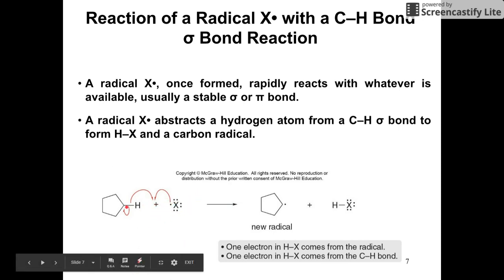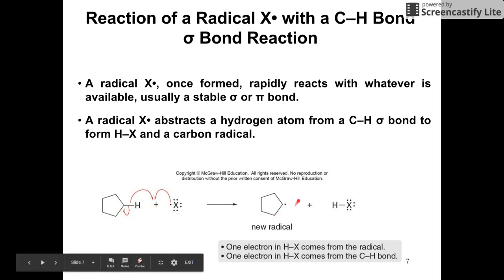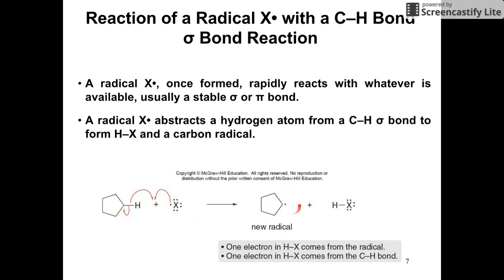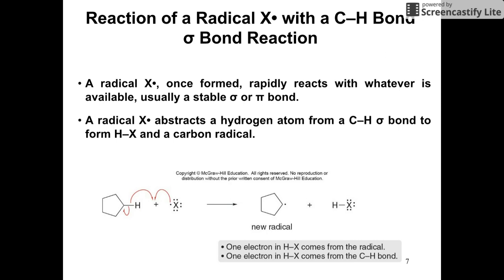It can then react with a sigma bond. One electron from that sigma bond goes to bond with the one unpaired electron in the radical, leaving a new radical here. It's a carbon-based radical at that stage. And so that is one type: you can have abstraction with a sigma bond.